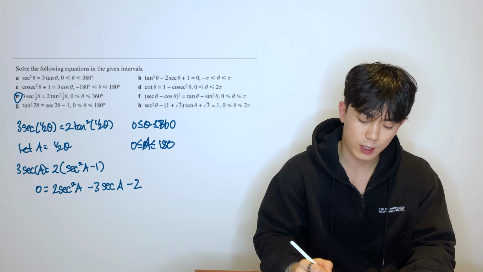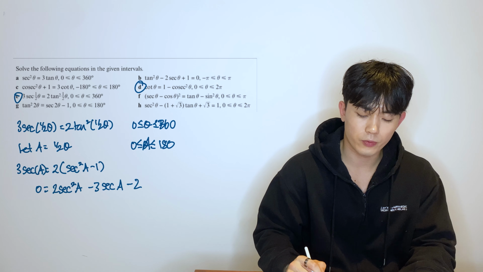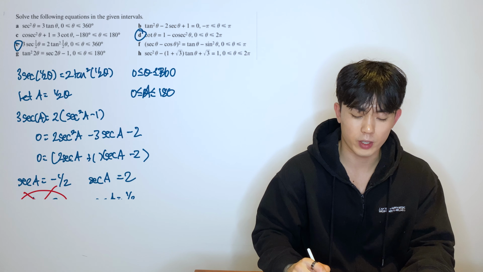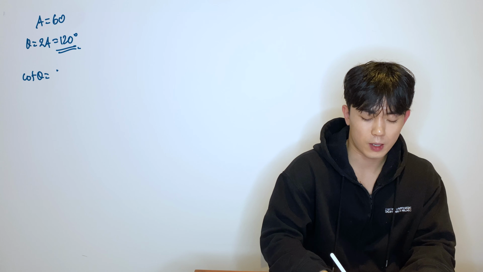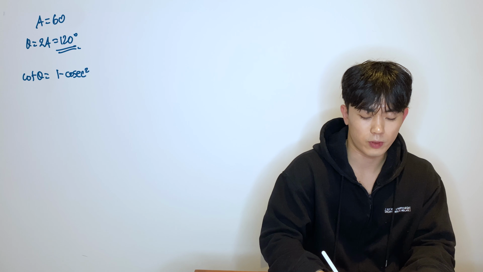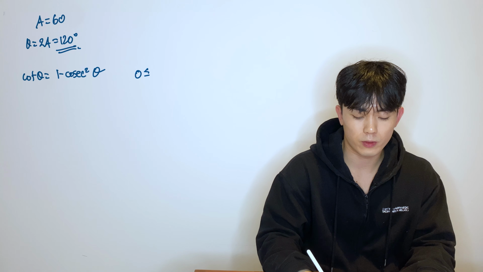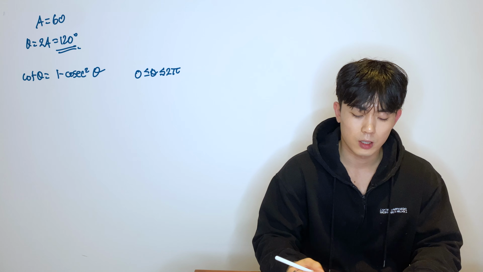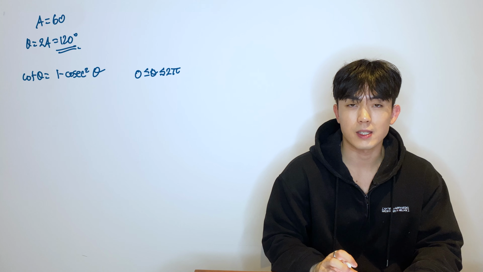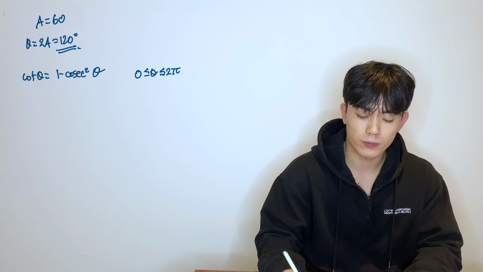So if we try this, cot theta is 1 minus cosec squared theta. And that's between 0 and 2 pi, so it's going to be in radians. So same thing, we want to replace it, make it the same term.